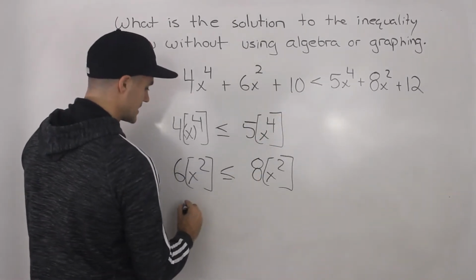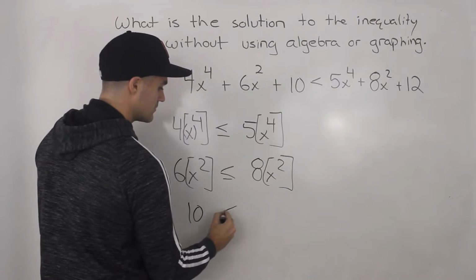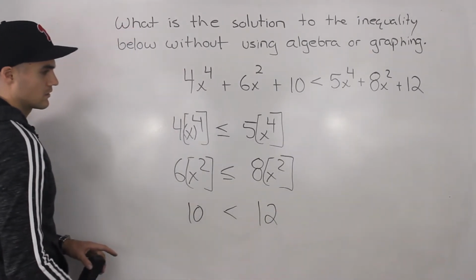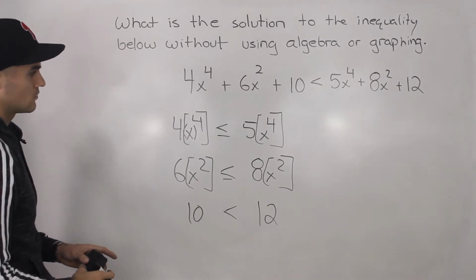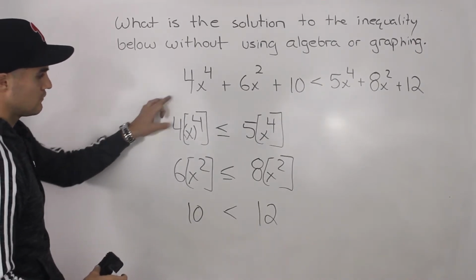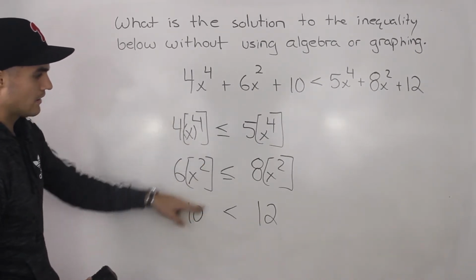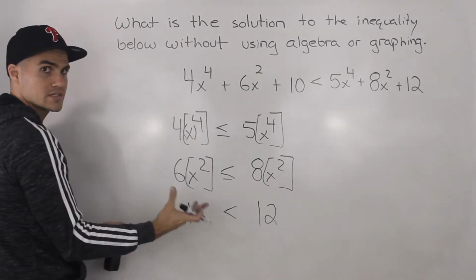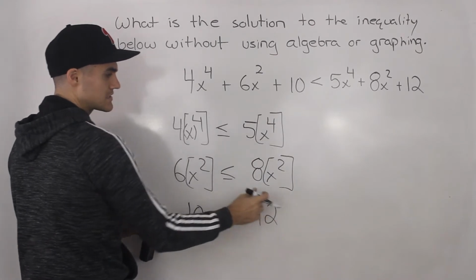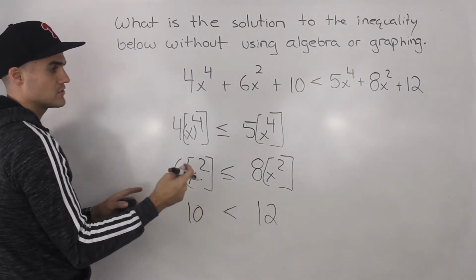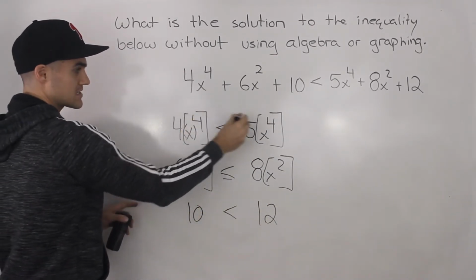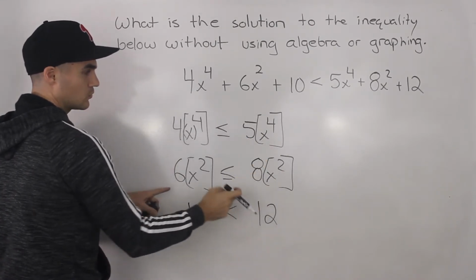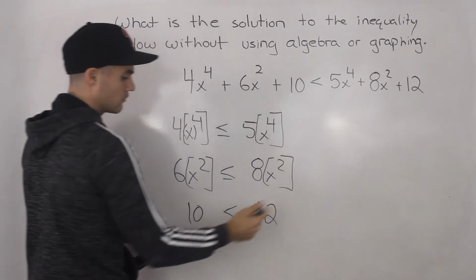And then notice this 10 is always going to be less than the 12, right? So if we combine all of these, if we add all of them up, you can tell that this side is always going to be less than this side, because even if we plug in values of 0 for x, where this expression and this one are equal, we'll still be left with a 10 and a 12, right?